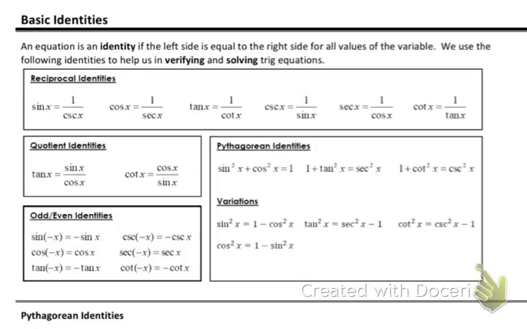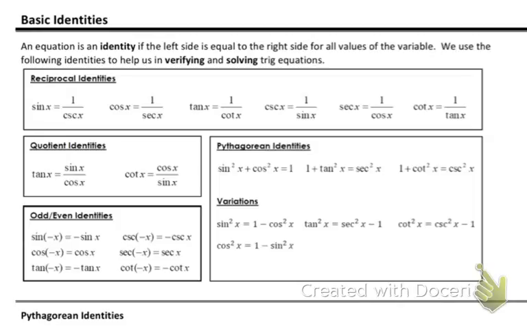Pythagorean identities, notice how many we have there? Every one of them is based upon the fact that sine squared plus cosine squared equals 1. Each of these three are just based upon this fact, and I'll show you how to develop these in case you forget them. Also, note the ones down here. These are just rewritten forms. So I just subtract cosine squared x from both sides, and it turns into this one.